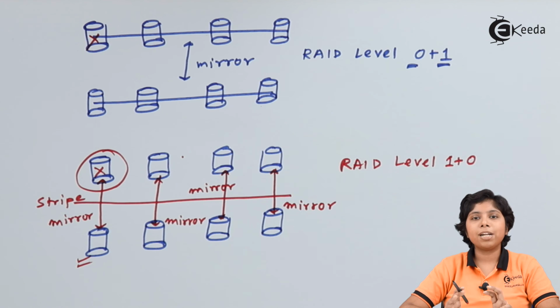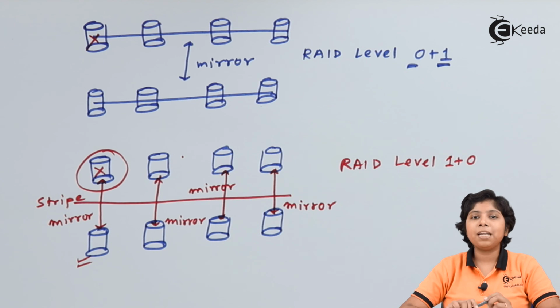Now along with RAID levels 5, 1 and 0, there are some other factors which need to be taken care of while we are configuring the RAID level implementation. The first question is how many disks are required for disk replacement or implementation of the RAID levels. And the second one is how many bits are associated with each parity bit.